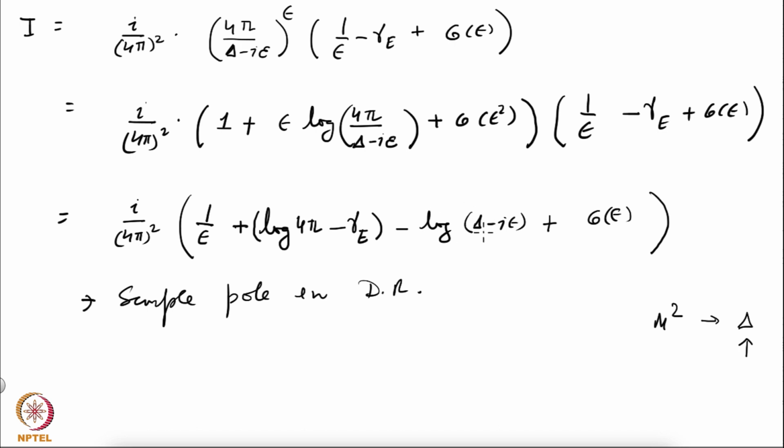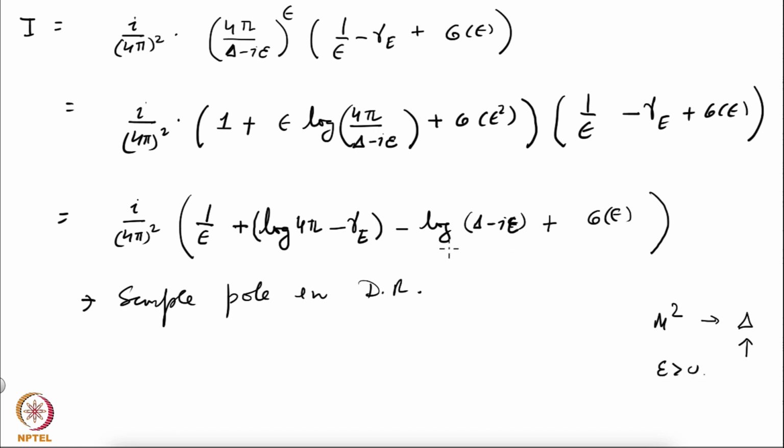In that case, it's important to know the value of the log, and that you can know only by knowing whether you are above the cut or below the cut, the branch cut of the log. For that you need to know the sign of I epsilon. You need to know on which side of the branch cut you are, and that is why you need this I epsilon correctly, and whether it is minus I epsilon or plus I epsilon becomes crucial. Since we have carefully carried all this, I know that it is minus I epsilon, where epsilon is positive.